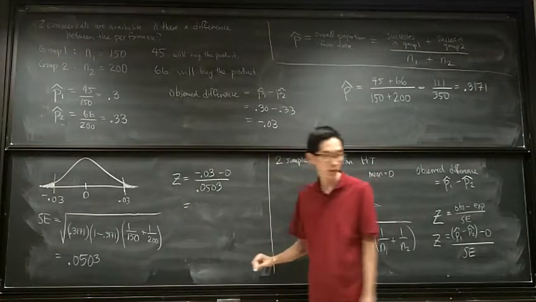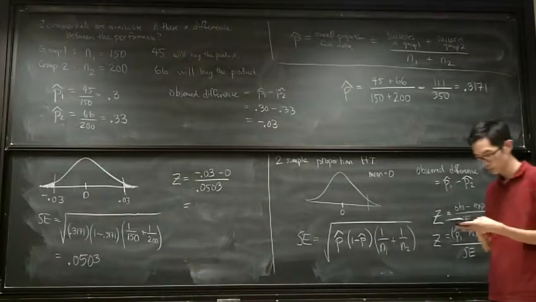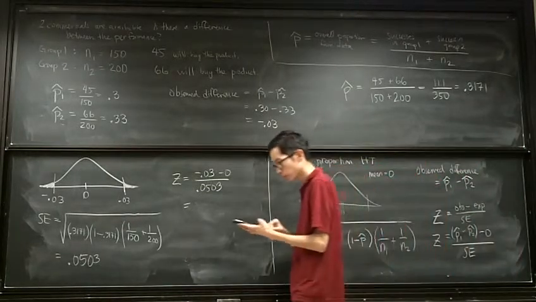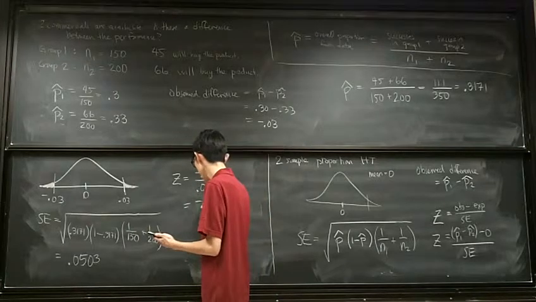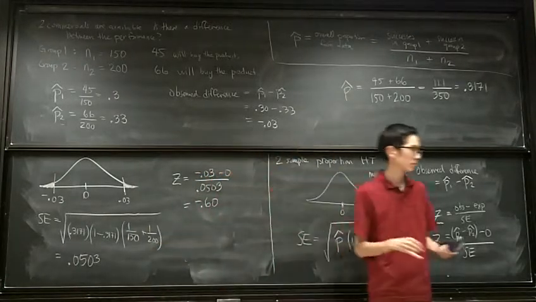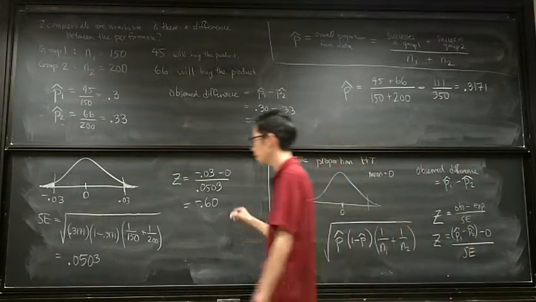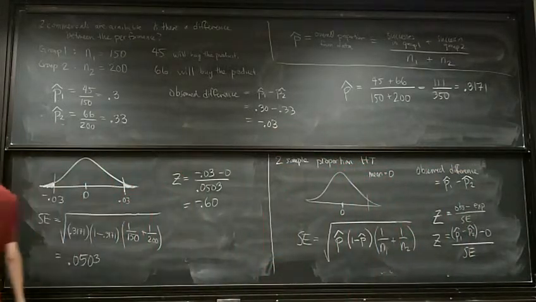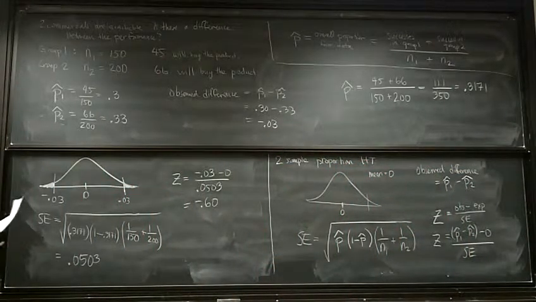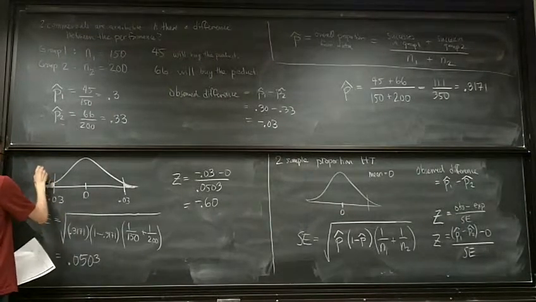So I get a z-score of negative 0.6. Alright, and so now I go to my z table and I look up the area to the left of negative 0.60. And the answer to that is 0.2743.